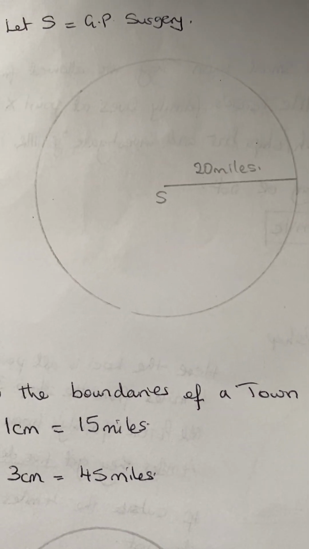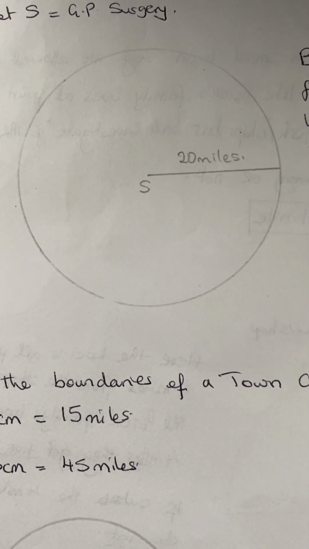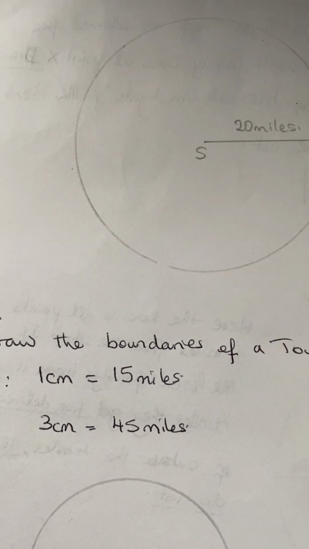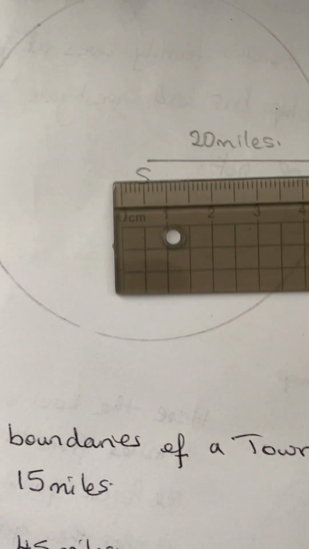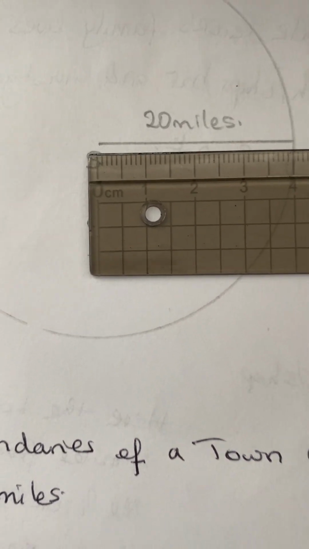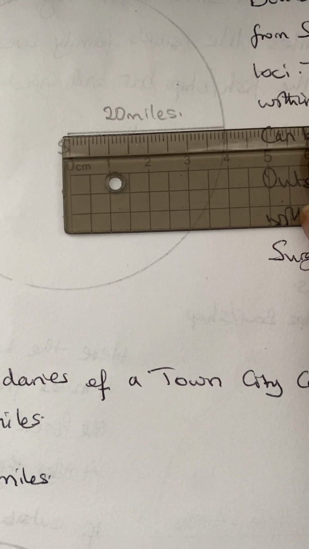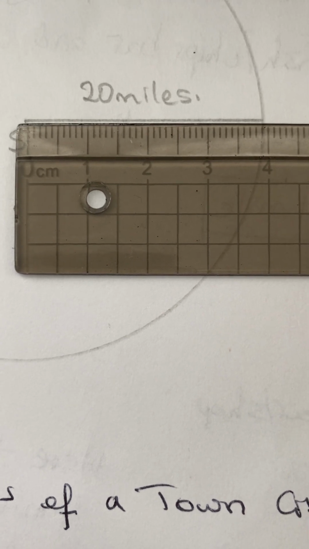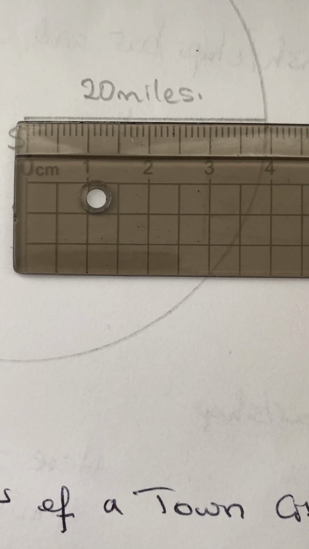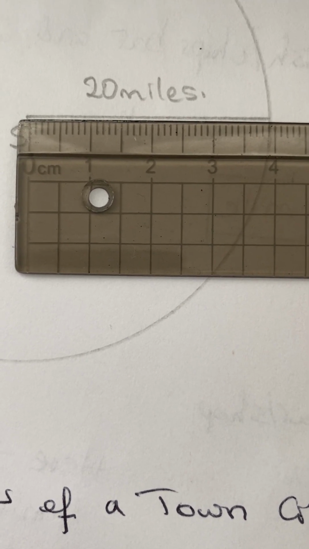So what I did again was I used the compass, measured 4 centimeters, and then used it to draw the circle. As you can see, that is 4 centimeters.